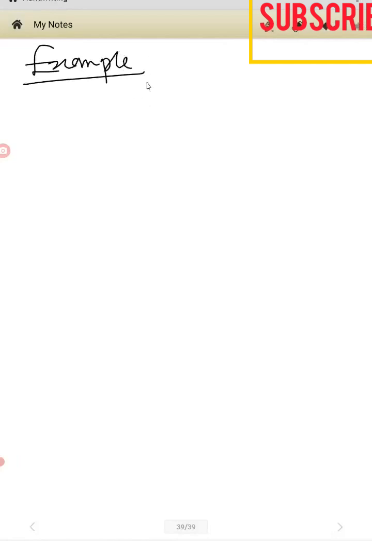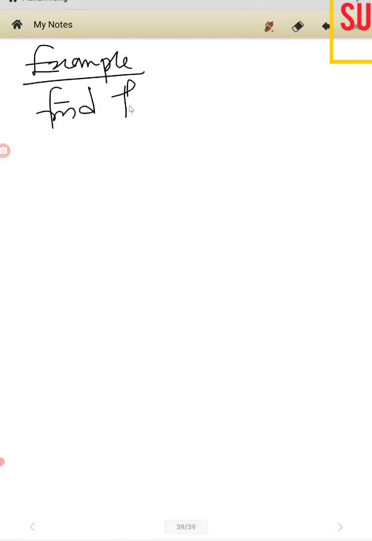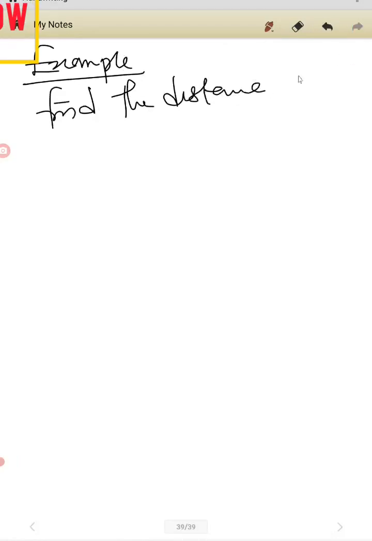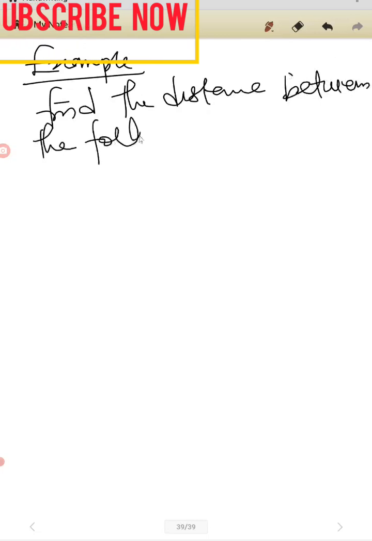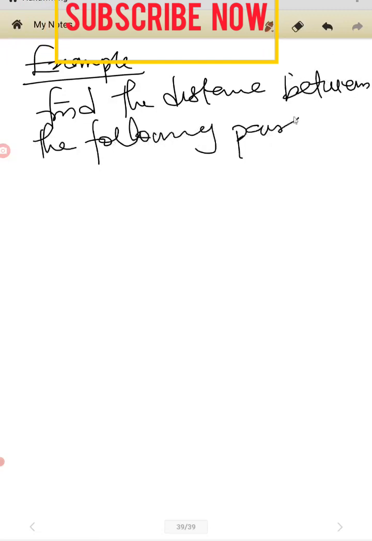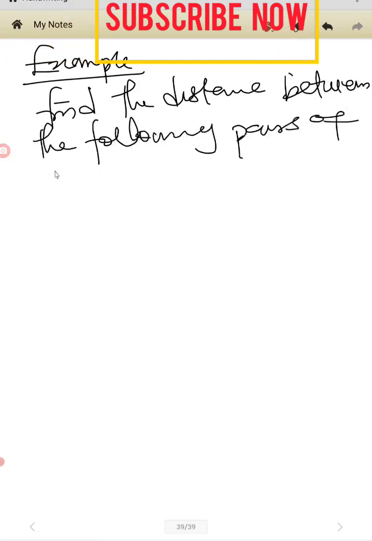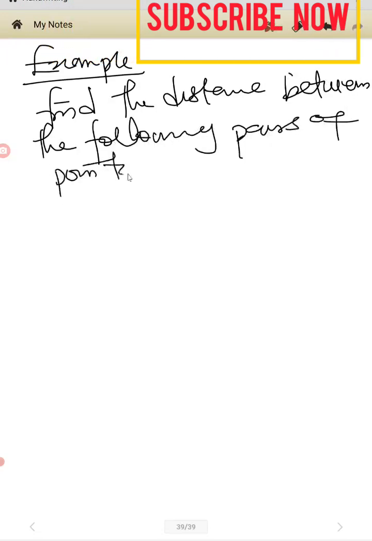Find the distance between the following pairs of points.